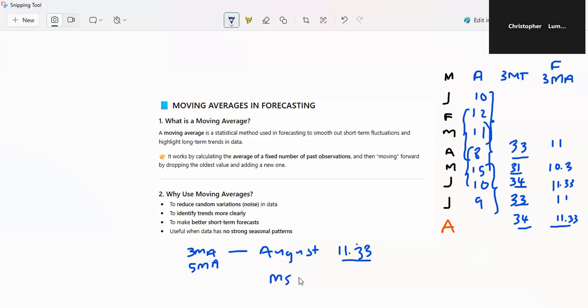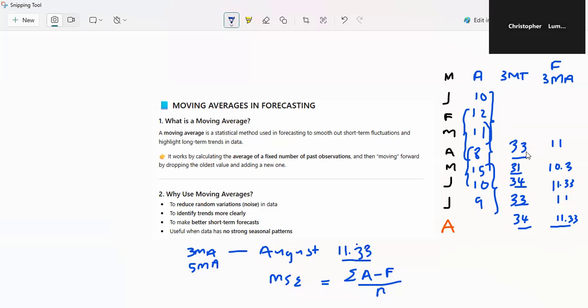The mean square error, you just find the summation of the actual minus the forecasted figure, divided by n. So we're going to get the differences here.